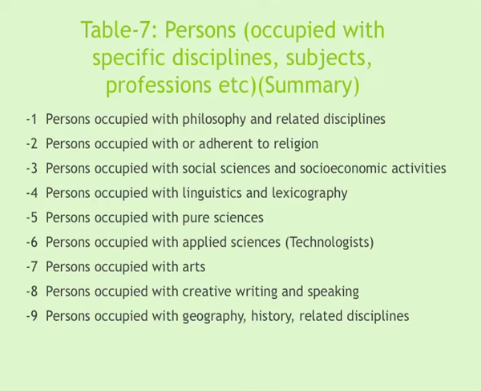Groups of persons occupied with linguistics is 4. 5 is for persons occupied with pure sciences like physics, chemistry, etc. So, these are different groups of persons who are engaged with some activity, with some profession, with some discipline or subject.